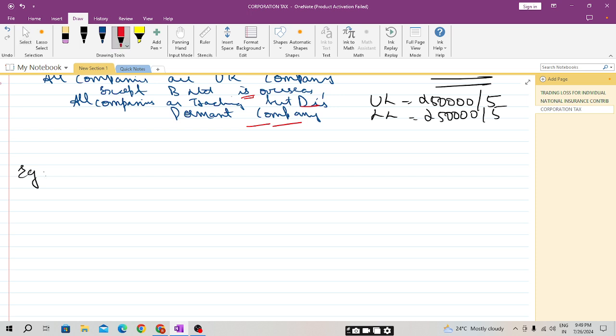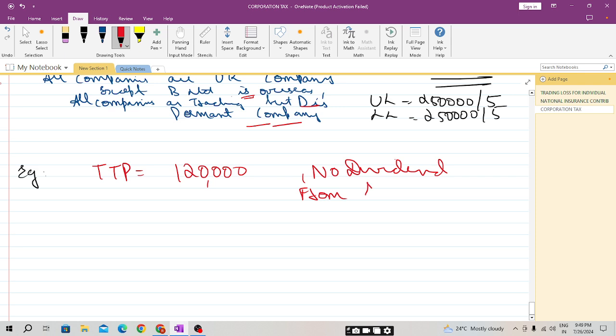So students, let's take an example. A company has TTP of 120,000 pounds and no dividends from associated companies or non-associated companies.